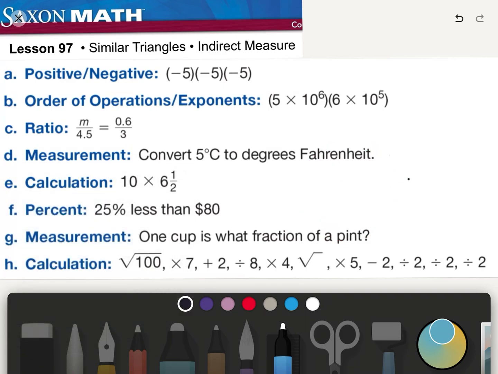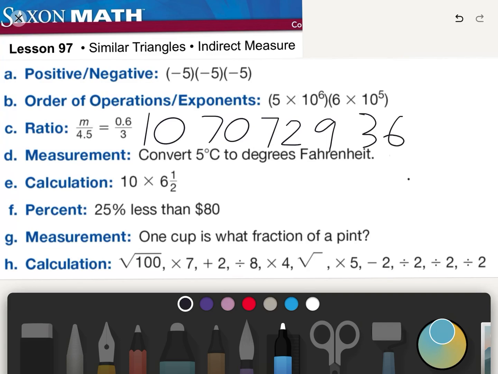Calculation. Okay, square root of 100 is 10 times 7 plus 272 divided by 8 is 9 times 4 is 36.